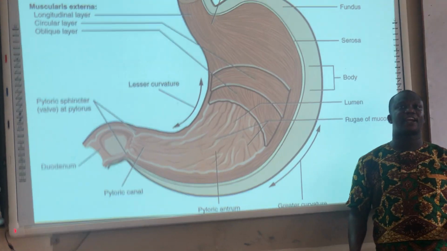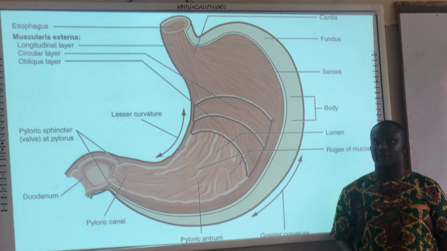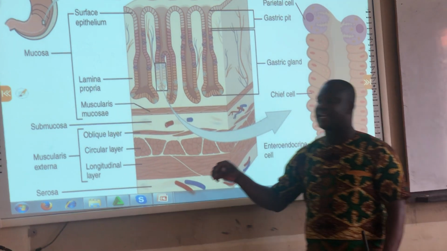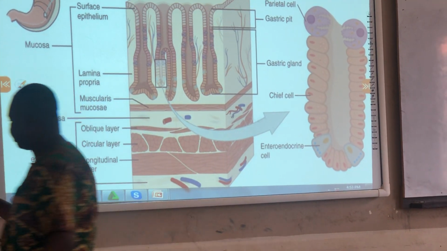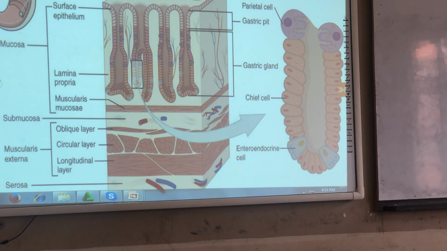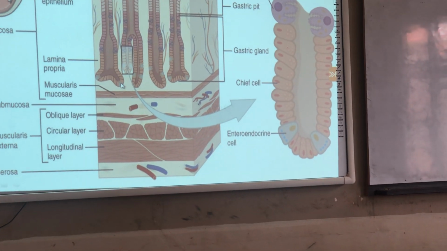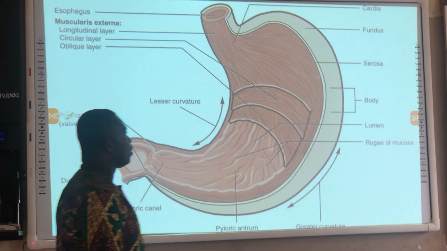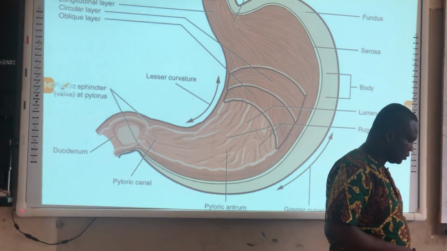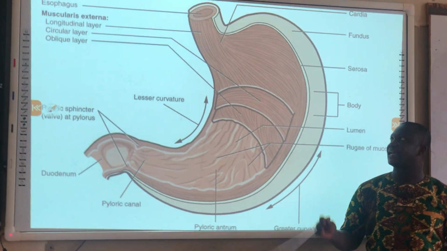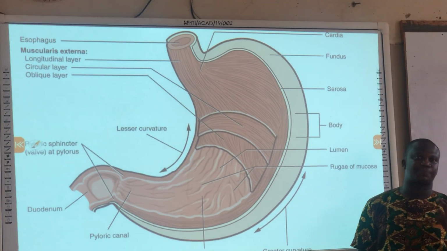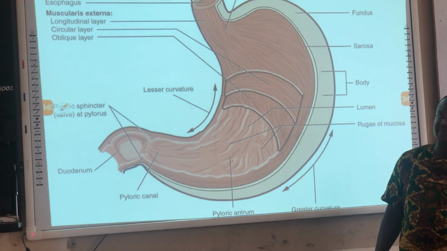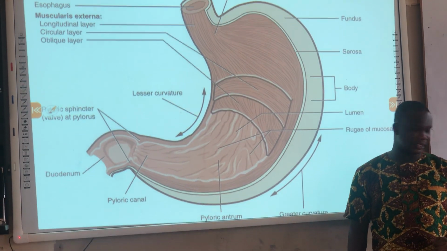Now let's look at the anatomical relations of the stomach. Anteriorly, the stomach is related to the left lobe of the liver. What about posteriorly? The posterior aspect of the stomach is related to the spleen, the pancreas, and the vertebral column.